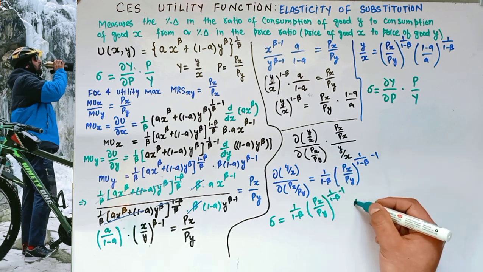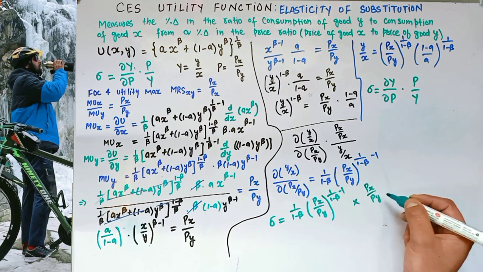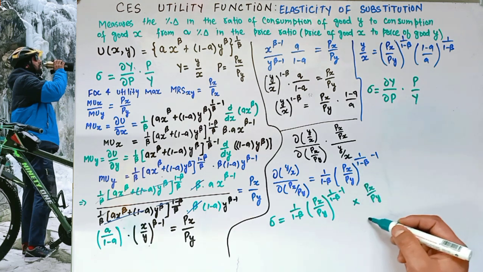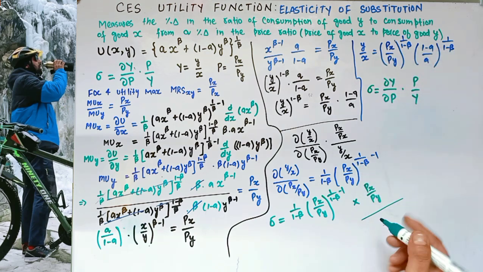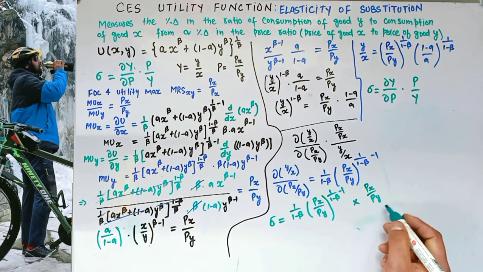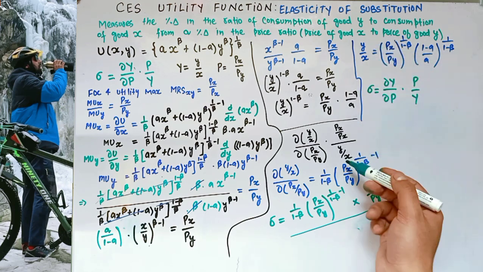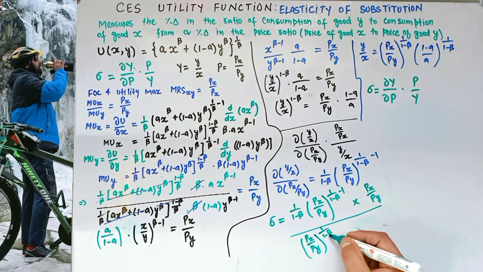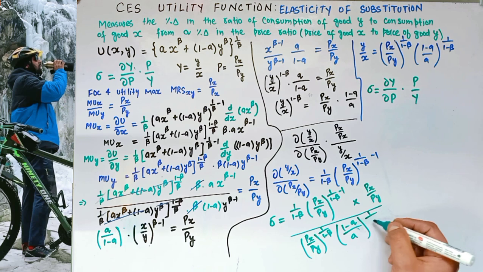Times px upon py, divided by y upon x. So y upon x is this whole term. We have px upon py raised to the power 1 divided by 1 minus beta, times 1 minus a divided by a raised to the power 1 divided by 1 minus beta.